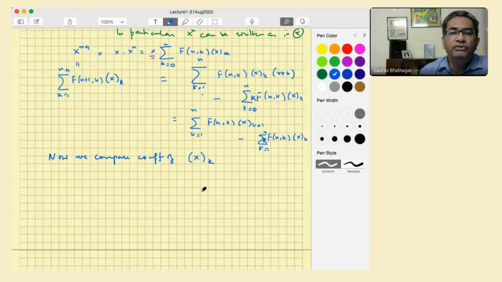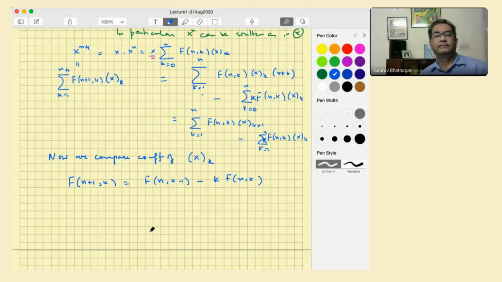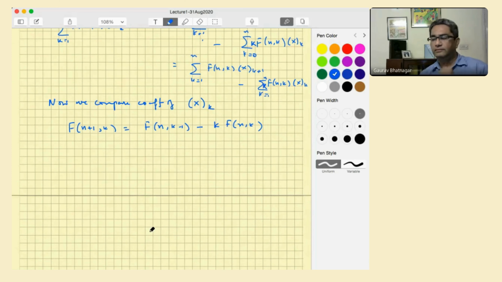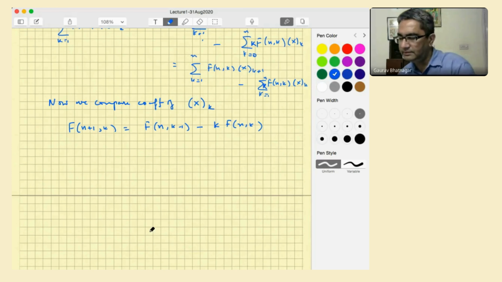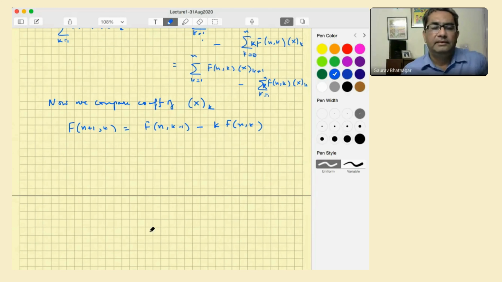So we compare coefficients of x sub k, the Pochhammer symbol, and then we get f_n+1,k is equal to, now here I'll get f_n,k minus 1 minus k times f_nk.